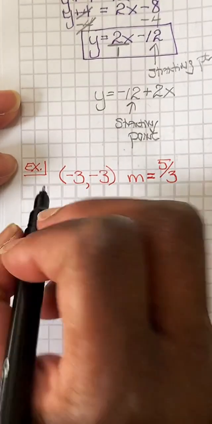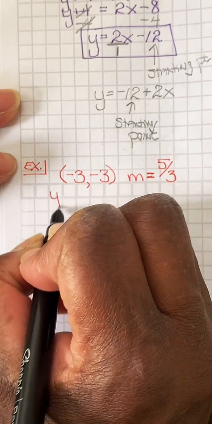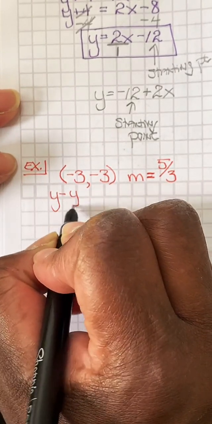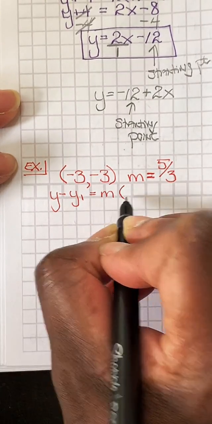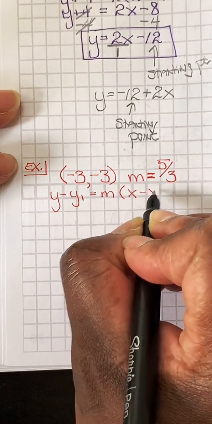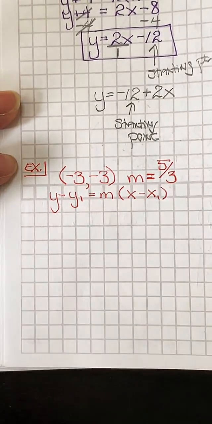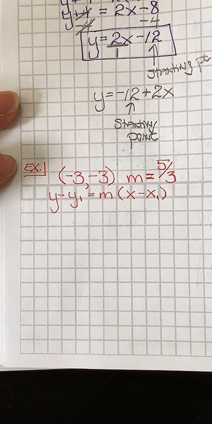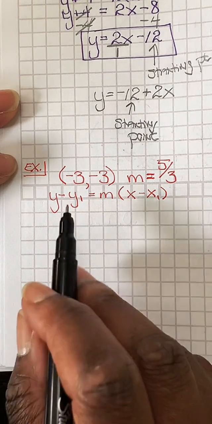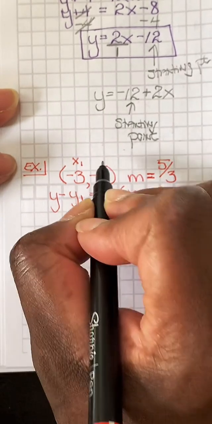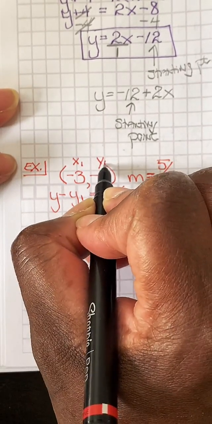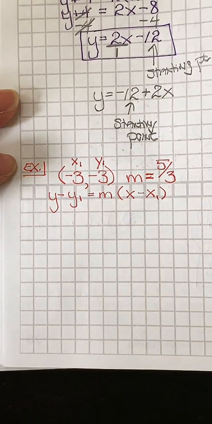All right. So we have y minus y sub 1 equals m times x minus x sub 1. All right, answer down. So all we're doing is we're substituting the -3 for x sub 1, and a -3 for y sub 1.